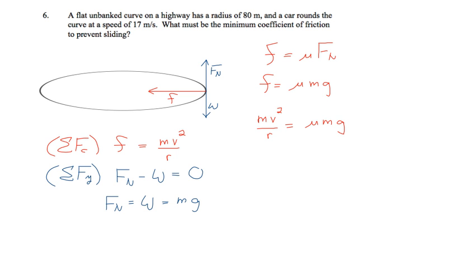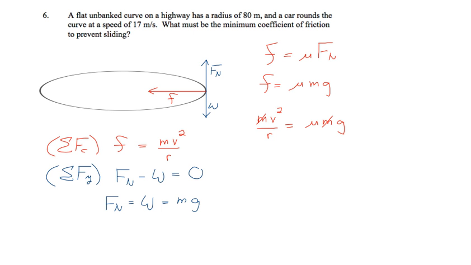I'm really just manipulating variables. This is another reason why I've been telling you all year, don't plug in the numbers early. Work with the variables. It's actually easier, and we'll worry about the numbers at the end. Now, what can I cancel on both sides of that equation? M. So the mass doesn't matter. It doesn't matter whether I have a 500 kilogram car or a 1,000 kilogram car.